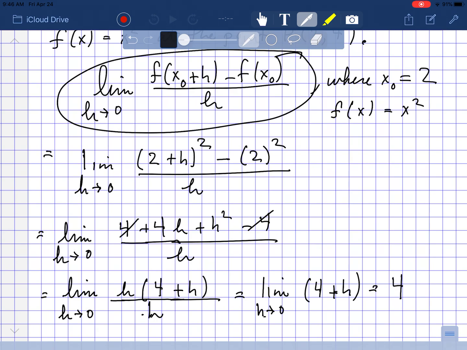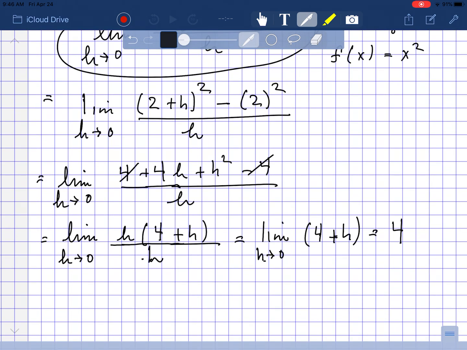All right, so this tells me, since this limit exists, this tells me the slope of the tangent line that we're looking for.